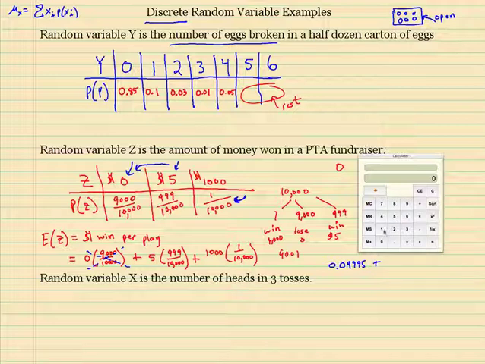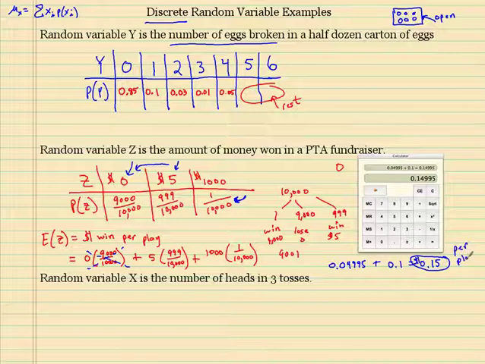But let's just do it anyway. So 10%, 0.1. So it's 0.04995 plus 0.1. You're expected to win, I'm just going to round that, it's money, 15 cents per play. So if you were going to play this game, you wouldn't want to pay more than 15 cents.